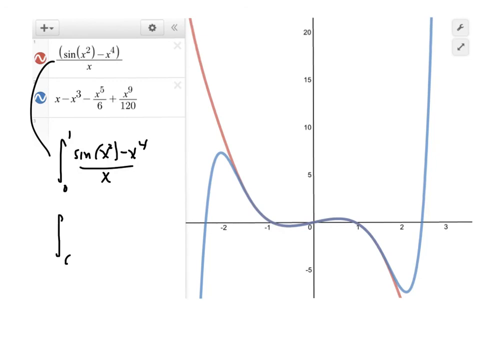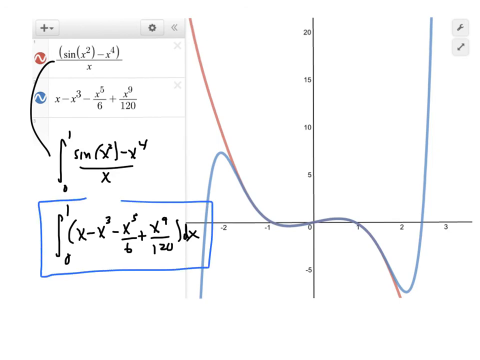But integrating something that's almost the same and is only a polynomial, this would be really, really easy to integrate. Even though we wouldn't know how to do this one, we would know how to do that one in blue very quickly and easily. And that's the point of Taylor's series.